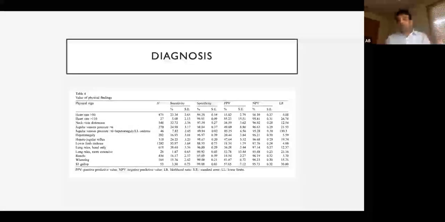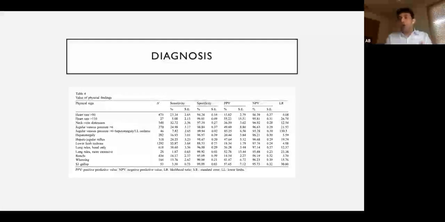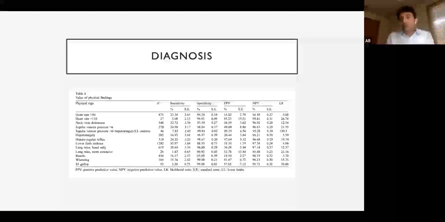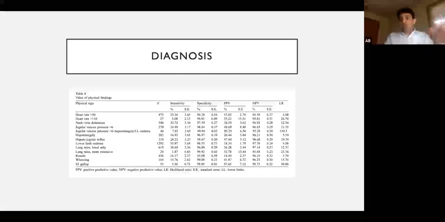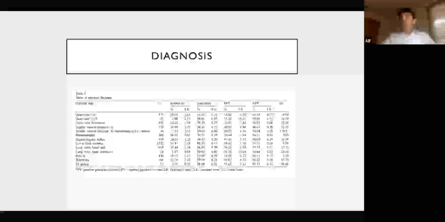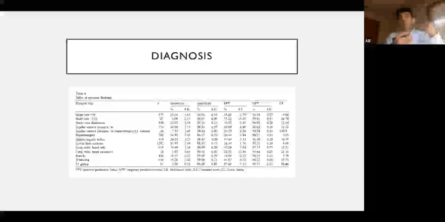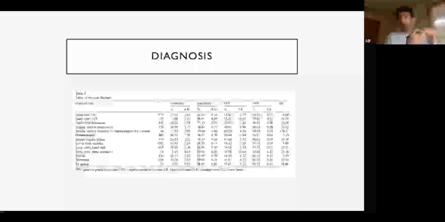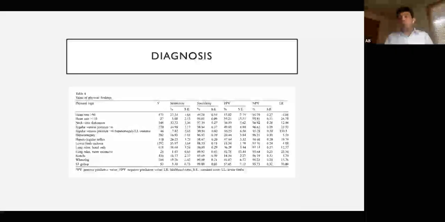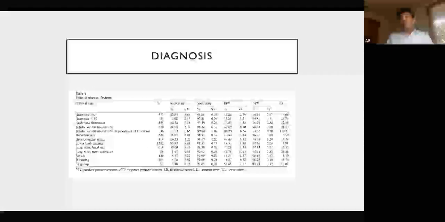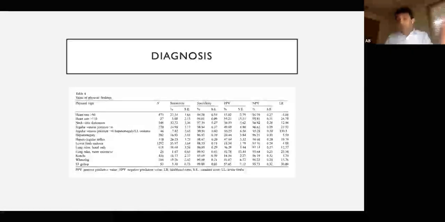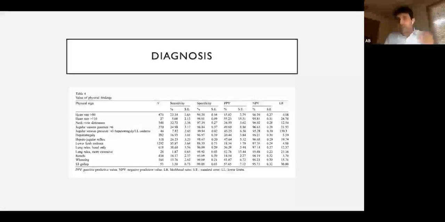But those are the symptoms and signs that you need to know how to elicit, because they will help you. They will move your probability for the diagnosis from being low to high. But you really need training and experience, and you need to build up a wealth of knowledge in order to be able to pick up those symptoms as well as those signs.